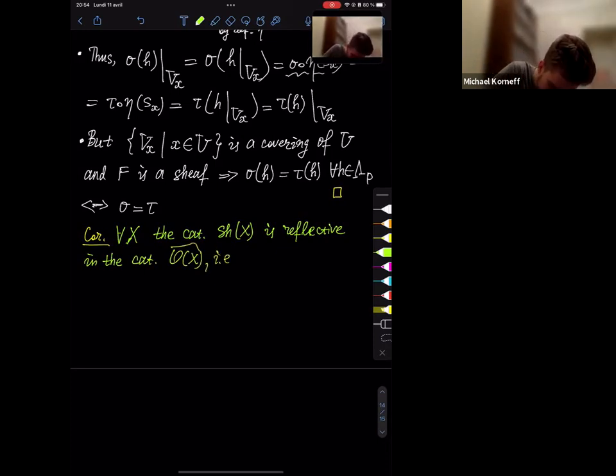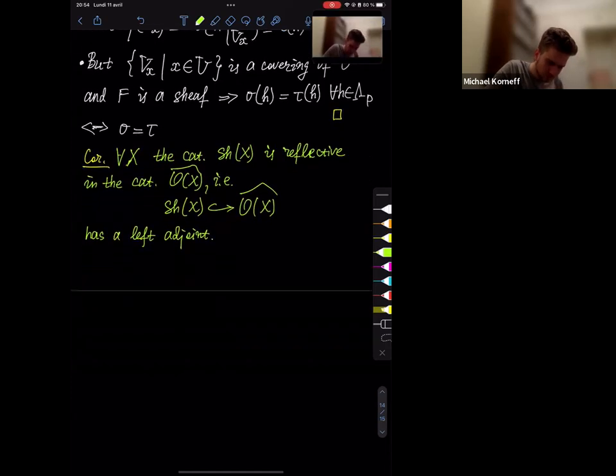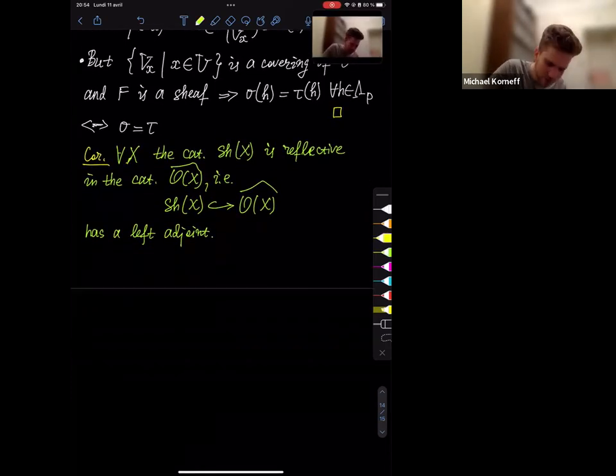It means that the inclusion functor of sheaves into presheaves has a left adjoint.